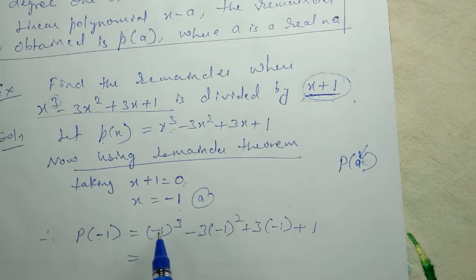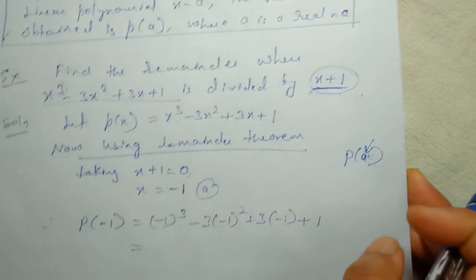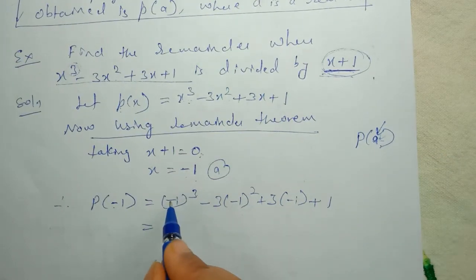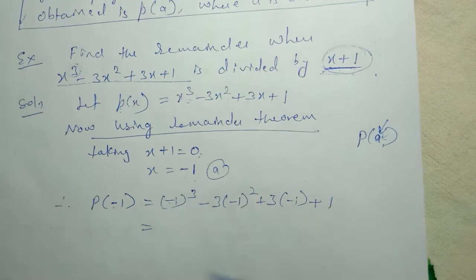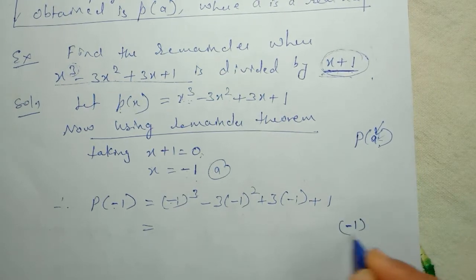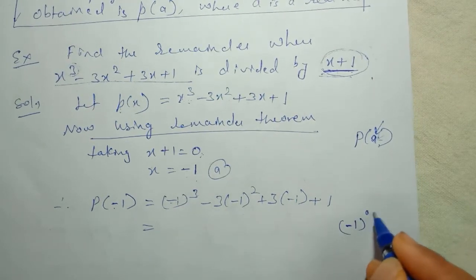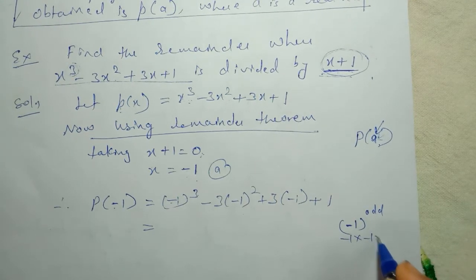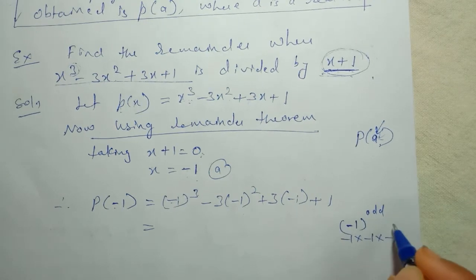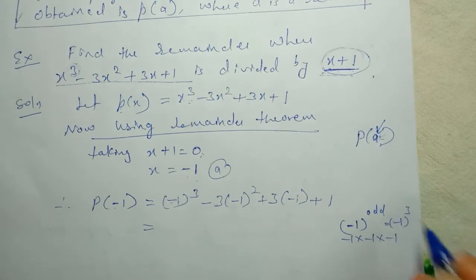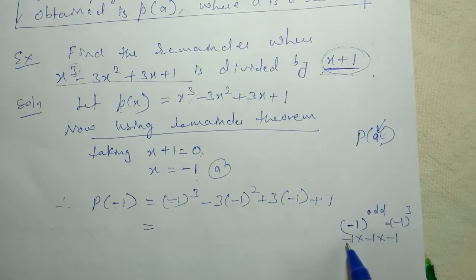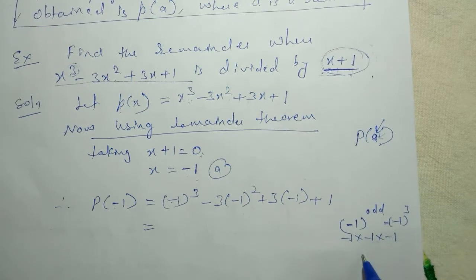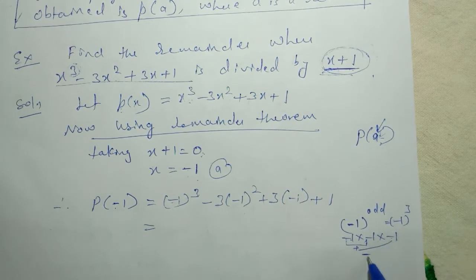Now we have to multiply -1 three times. First let us revise once again. Whenever the power of a negative sign is an odd number, the sign after multiplication changes into minus. Here we multiply three times, and 3 is an odd number. Why? Because minus times minus gives plus, then plus times minus changes into minus.